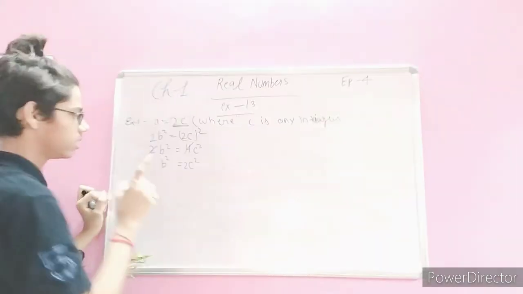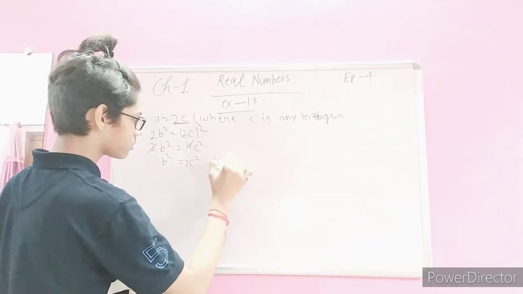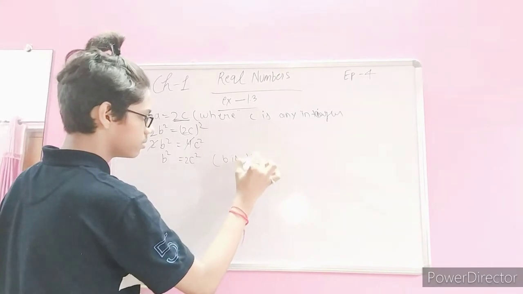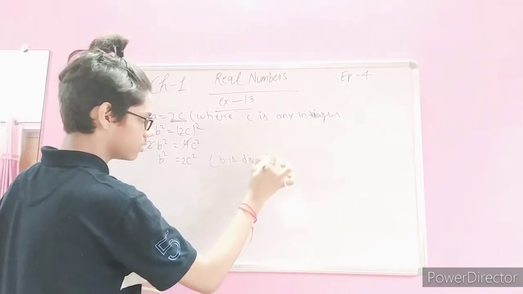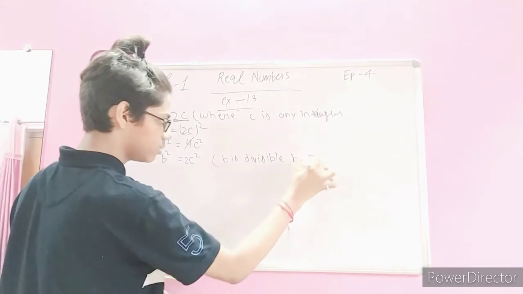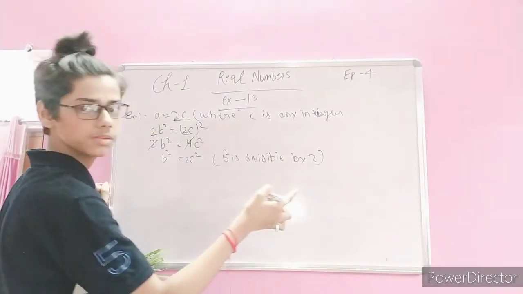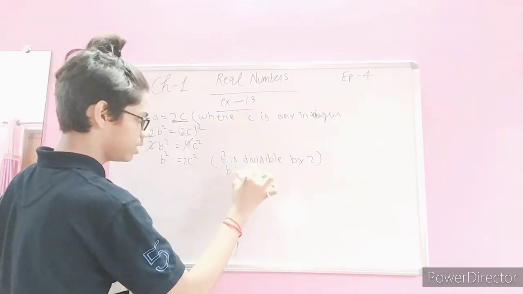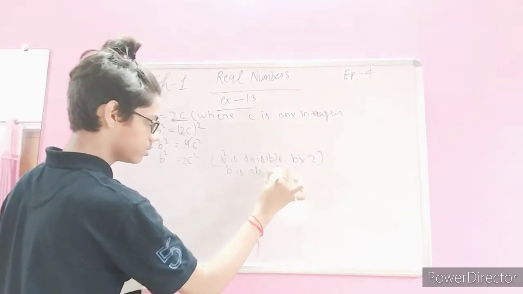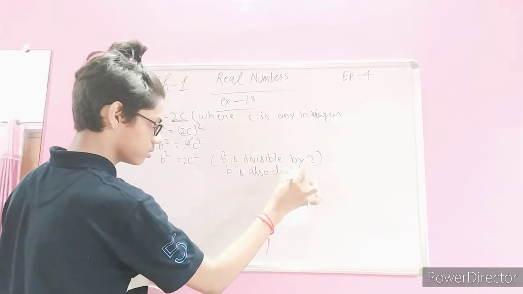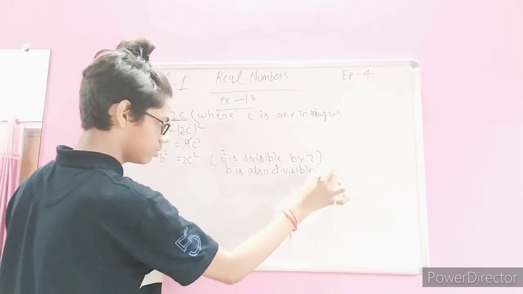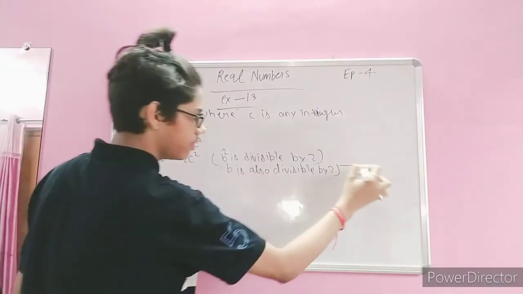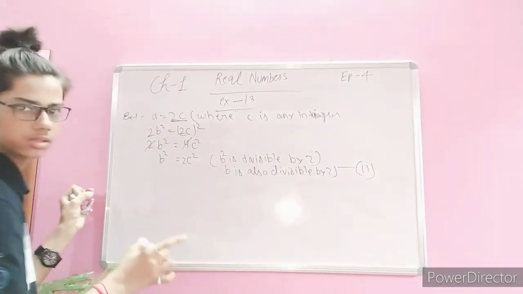Okay, here b square is divisible by 2. Then b is also divisible by 2. Okay, just like in case 1, we will put this as equation 2.